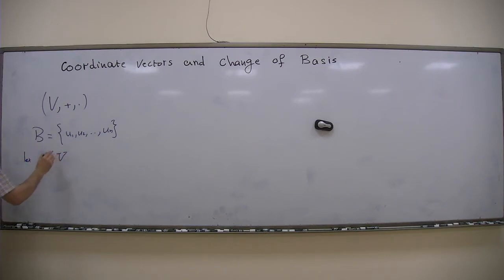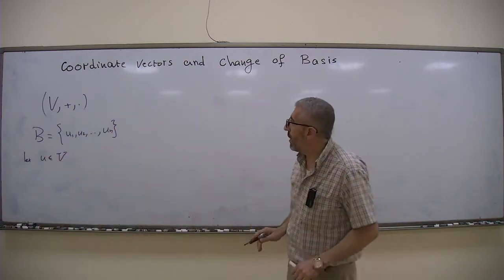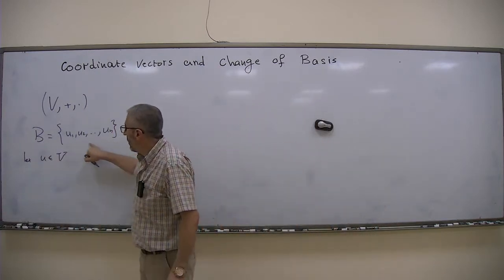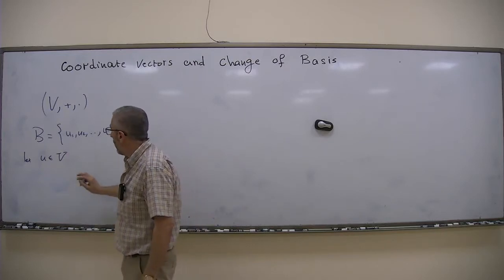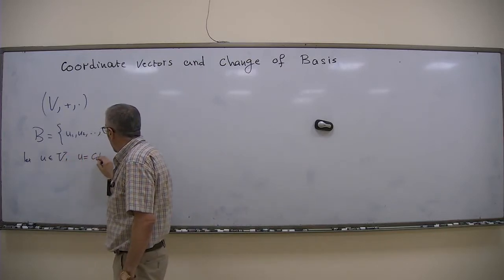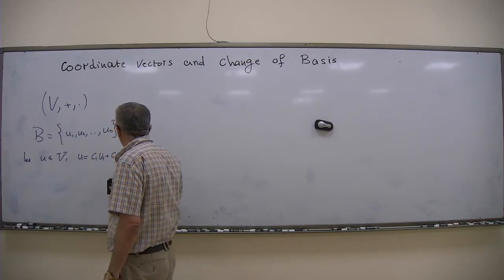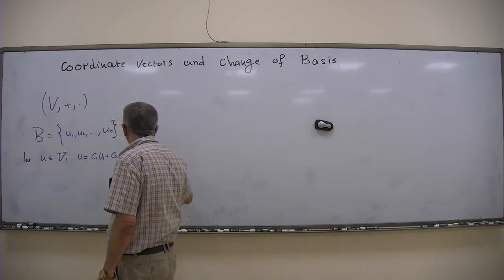in this vector space, your vector can be written as a linear combination of those vectors in the basis. So here, you can say u can be written as c1 u1 plus c2 u2 plus cn un.